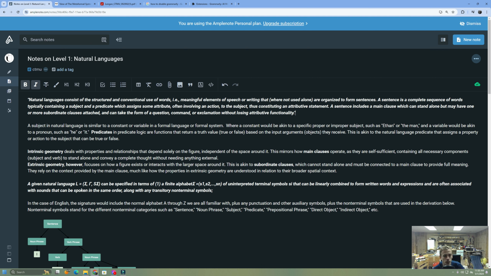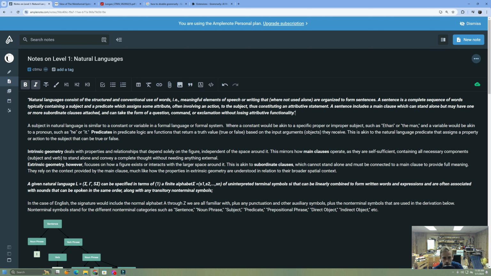Predicates in predicate logic are functions that return a truth value of true or false based on the input arguments or objects they receive. This is akin to the natural language predicate that assigns a property or action to the subject that can be true or false.